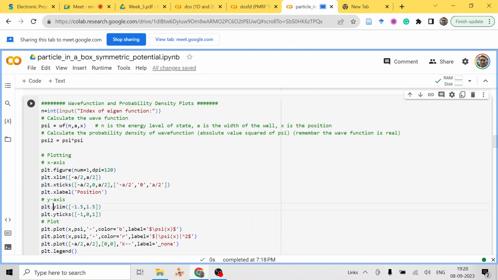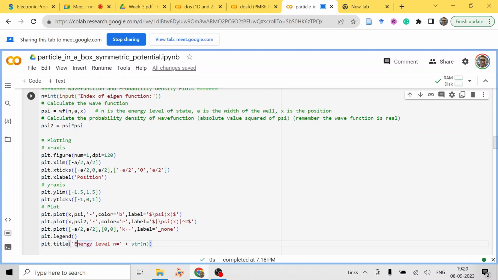Then for plt.ylim I have taken minus 1.5 to 1.5, and for the y ticks I am giving only the positions, minus 1, 0, 1, so the labels will be Python's standard values. Then we are plotting our wave function here in blue, and in red we are plotting the probability density, and this is just a line for comparison. Alright, so let's just do it.